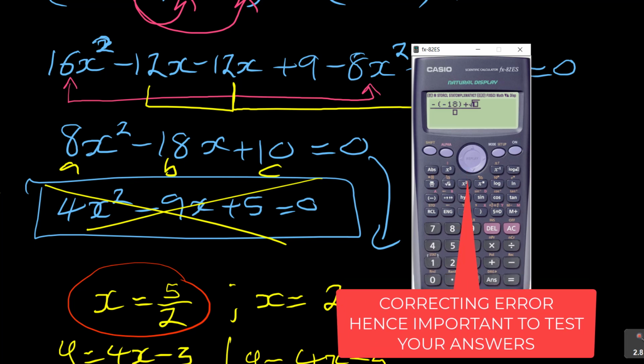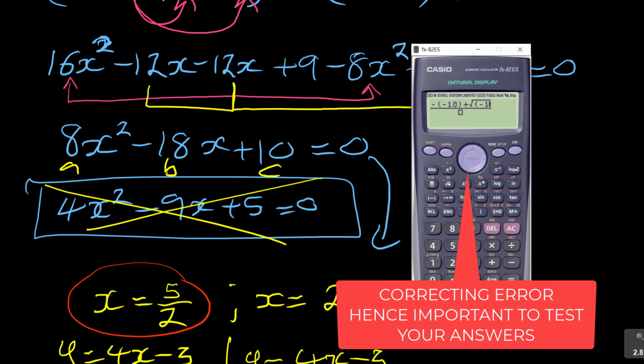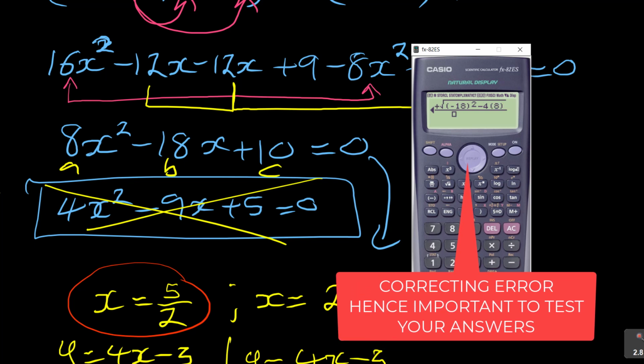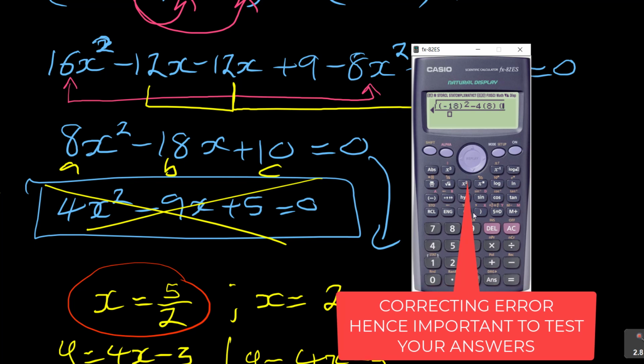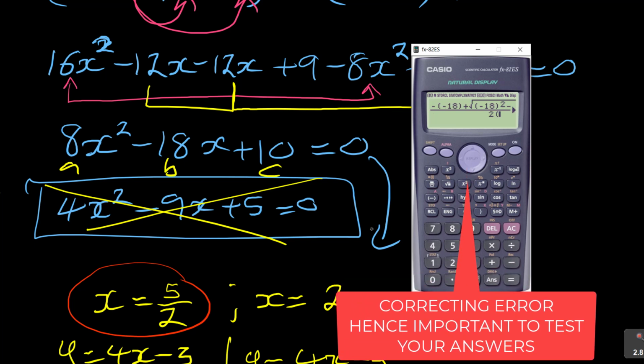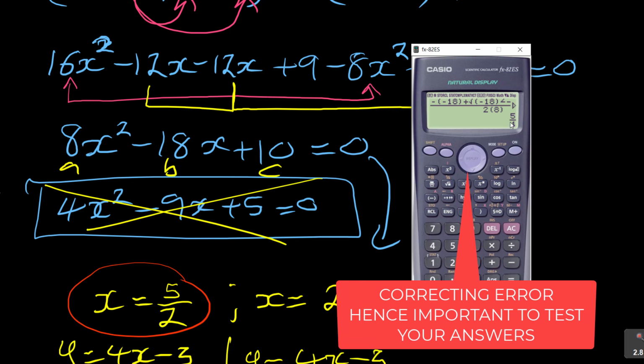Plus the square root of B squared, which is negative 18 squared, minus 4. My A, remember I'm using at the top, my A is 8, right? My B is what? For AC, my C is 10, and then all over 2 at the bottom, and my A is 8. See that? Then you do that, equal to, there is a problem there.